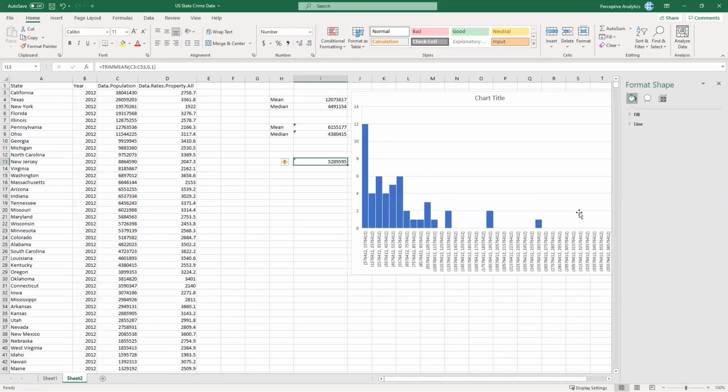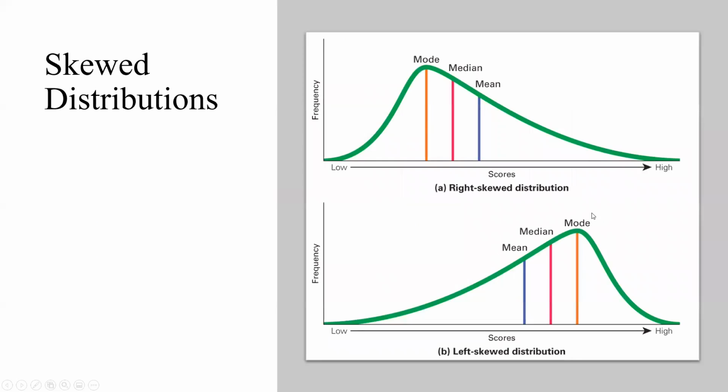It's trending like this, right? It starts high and goes down as we progress across the x-axis, similar to the distribution on the top. These sorts of distributions are called skewed distributions, which are not symmetric about their center. So the skewness is the metric that is used to identify what type of skew it is.